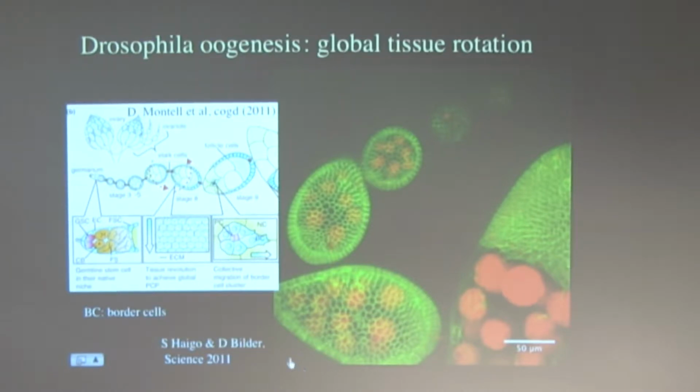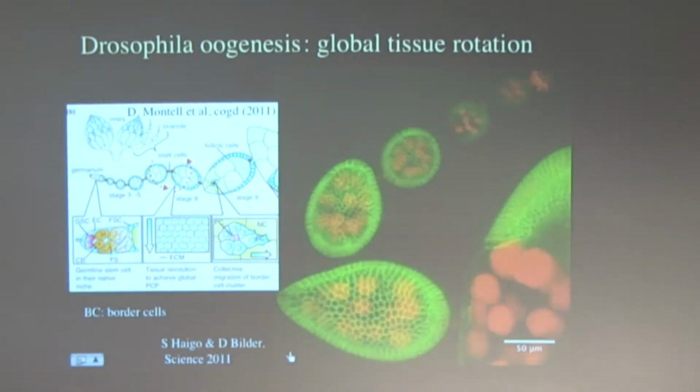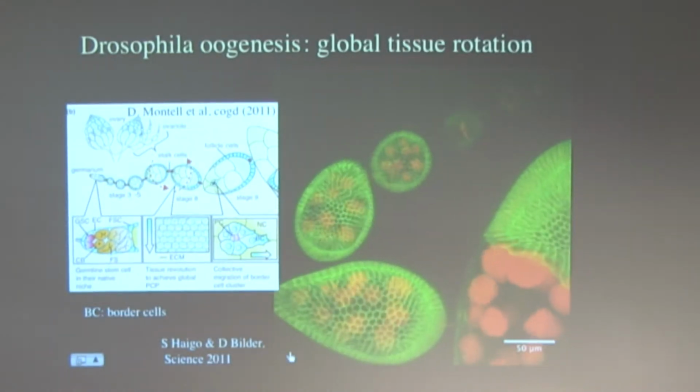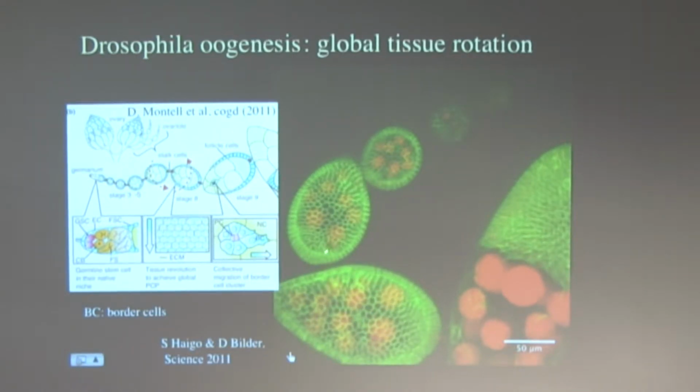That was a very big surprise for people, because people have studied this for quite a while and never realized that the egg could rotate like this globally. And so this global rotation of the eggs is actually global movement of the cells that are on the surface of the egg that are moving together on the extracellular matrix.